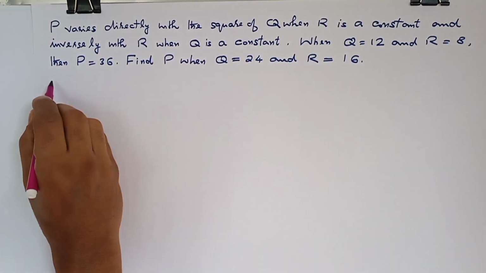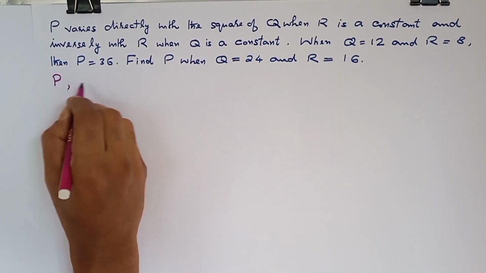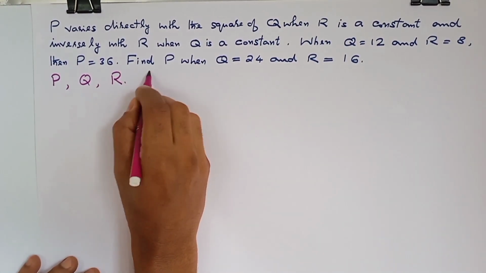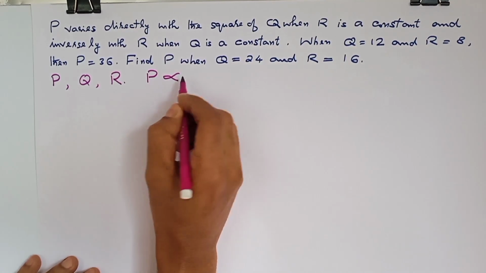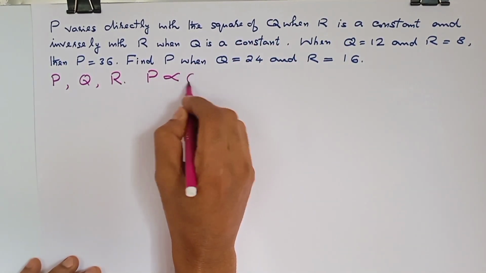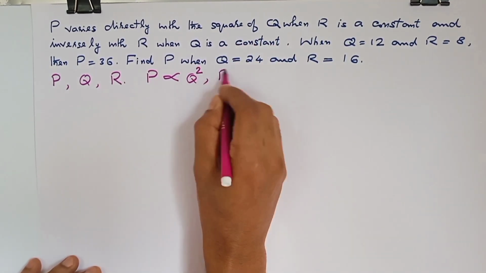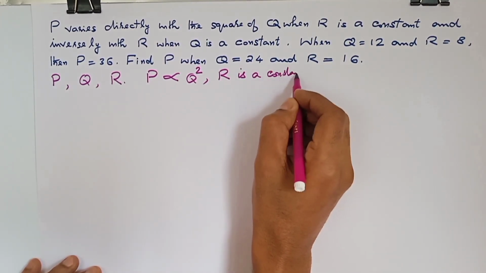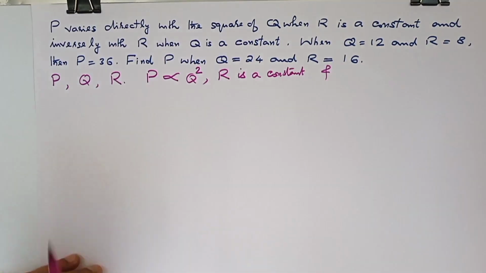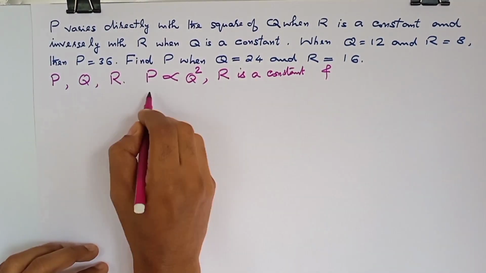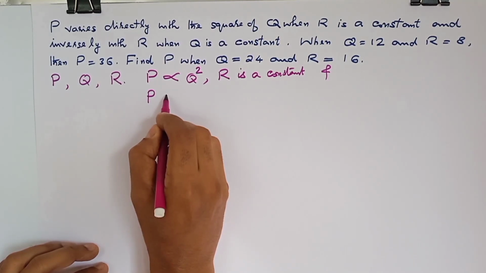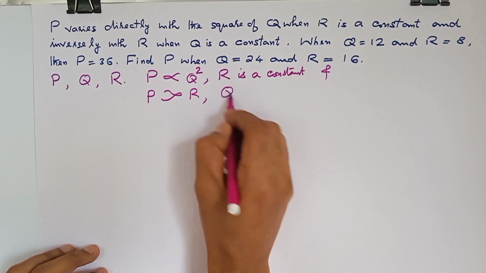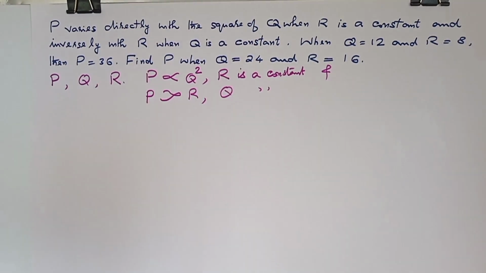As you can see, there are three variables, P, Q, and R. They say first, P varies directly with the square of Q when R is a constant. And again it varies inversely with R when Q is a constant.